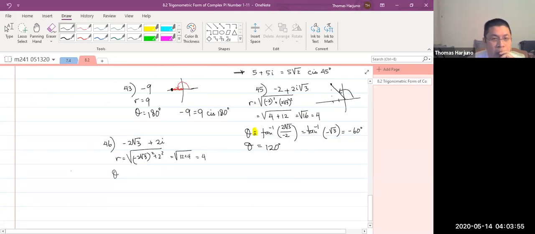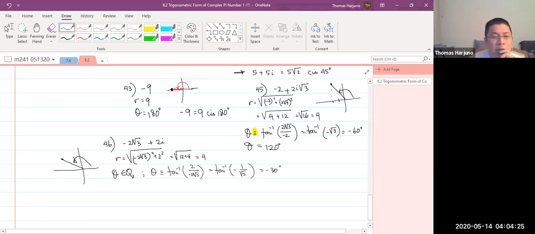We know the theta should be in quadrant 2, I believe. So somewhere on here, right? The x is negative, the y is positive. So theta is in quadrant 2. But when I apply that formula, tangent inverse of y over x, I get tangent inverse of negative 1 over radical 3, that's negative 30 degrees.